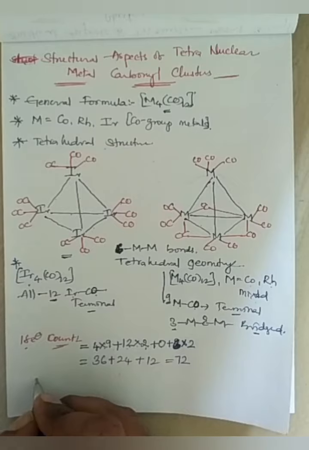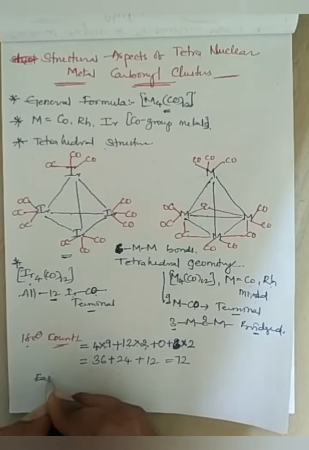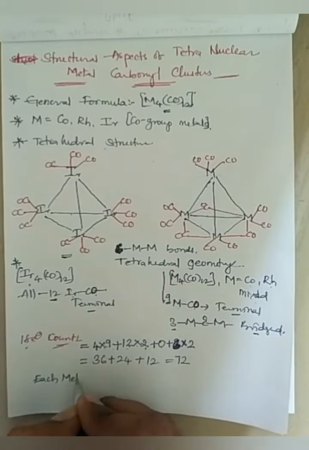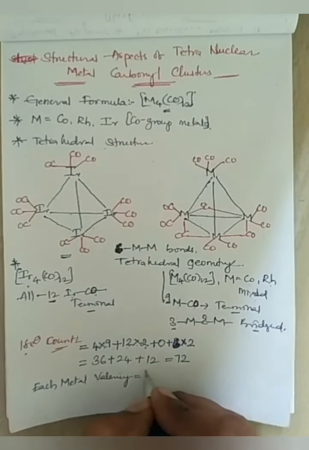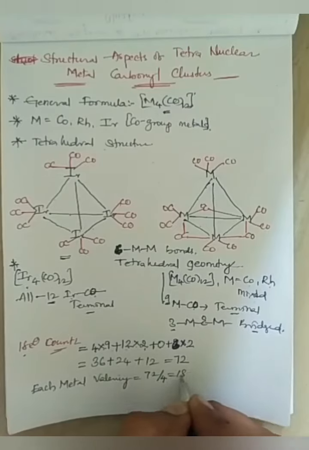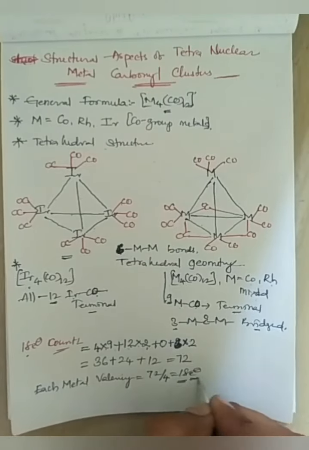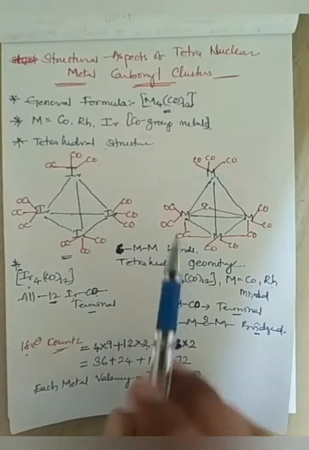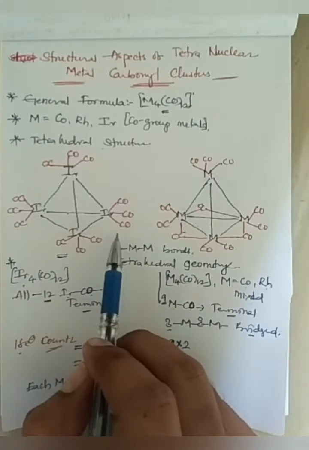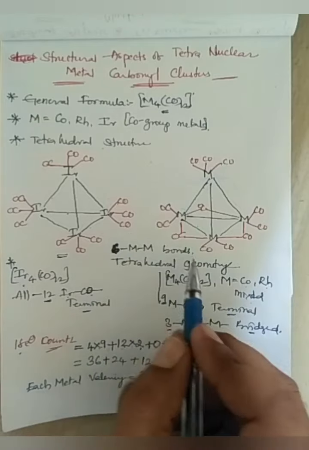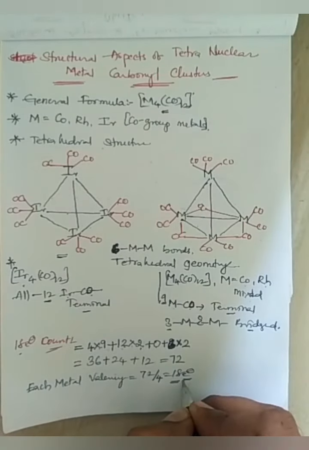So for each metal, the valence electron density will be 72 divided by 4, which equals 18. That means the valence electron count for each metal atom in the tetranuclear carbonyl cluster is 18. So it is saying that the tetranuclear metal carbonyl cluster obeys the 18 electron rule, right?